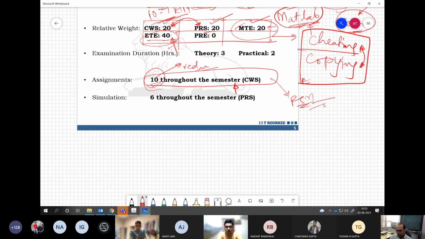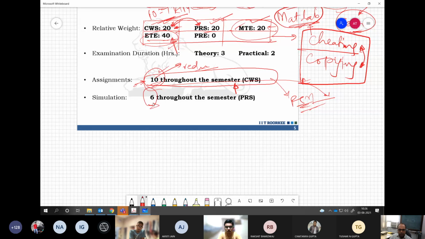But if you are not performing well, then I will have to increase this number so that I can have some justified grades. So it's your performance which is going to decide how many assignments you are going to have in the semester. But typically the number is 10. It may increase or reduce.